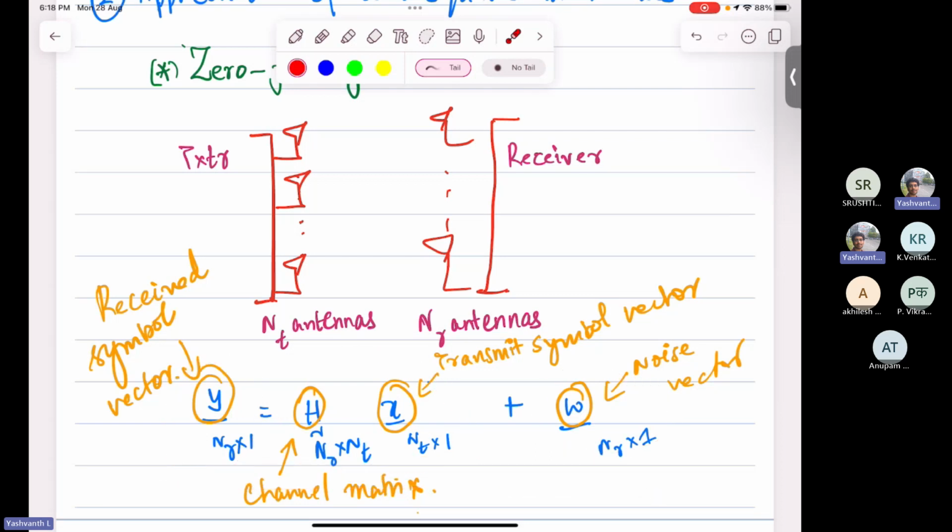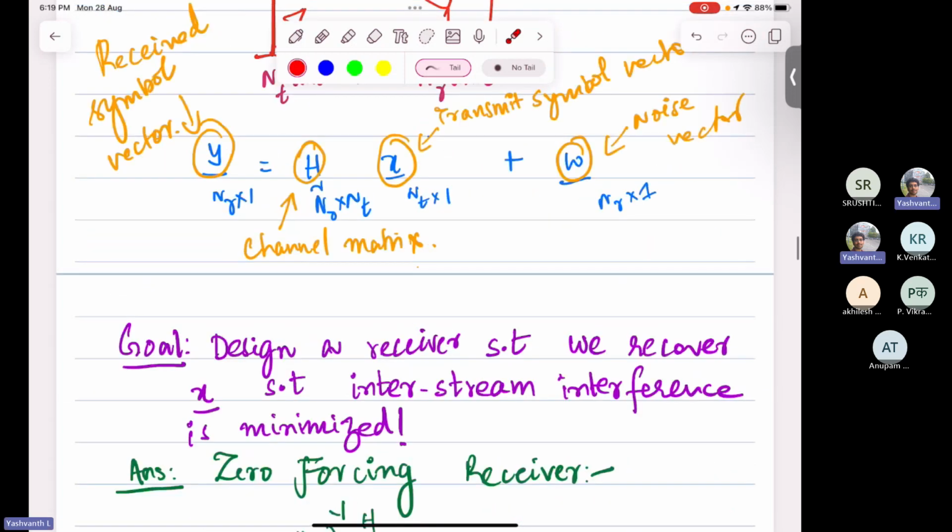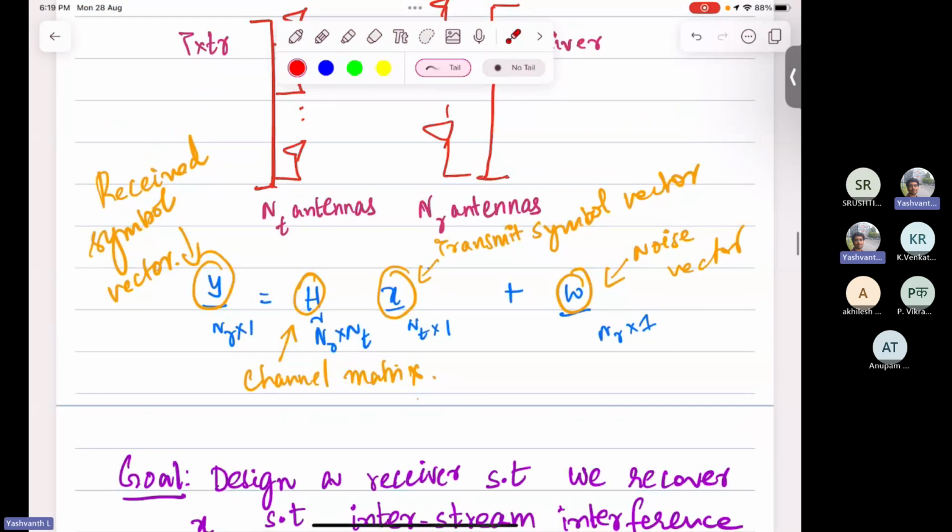Now, once the mobile phone receives Y, what is the objective? The mobile phone now wants to know what is the data that the tower wants me to understand. That is, given Y, the mobile phone has to estimate what X is. Then what should I do? I cannot do anything about the noise, because noise is something that the mobile phone is agnostic of.